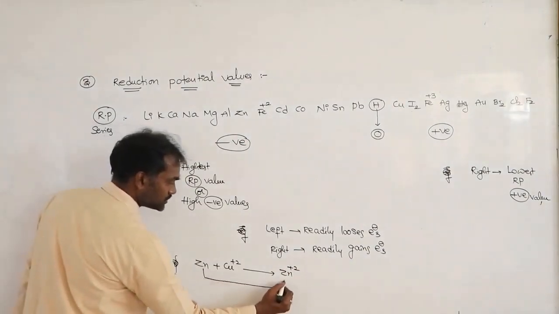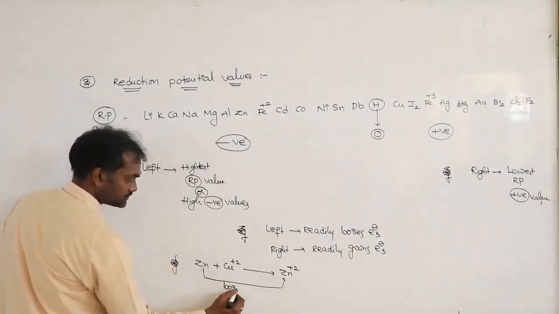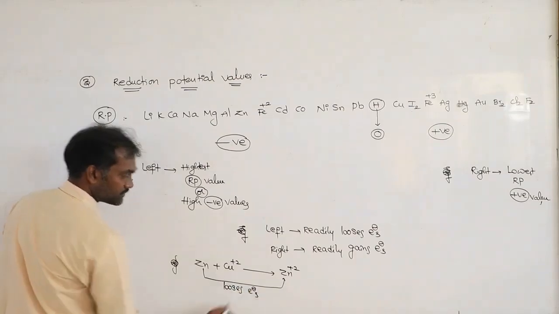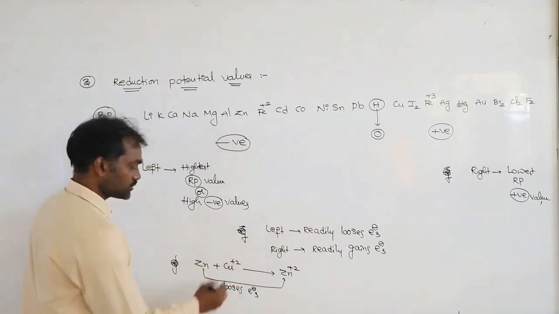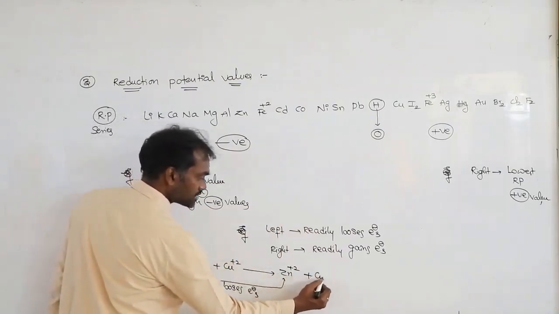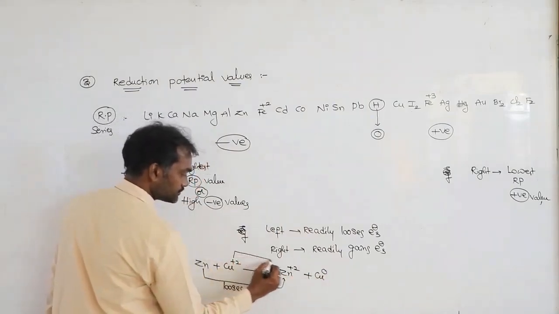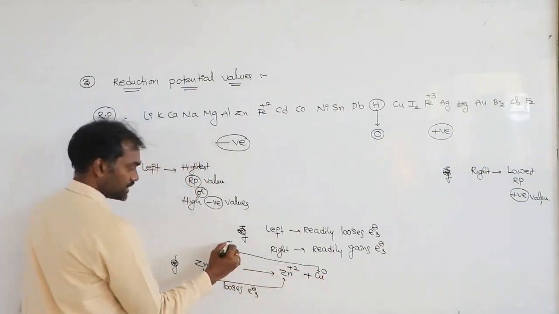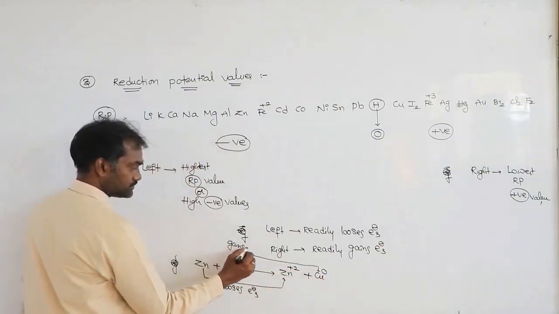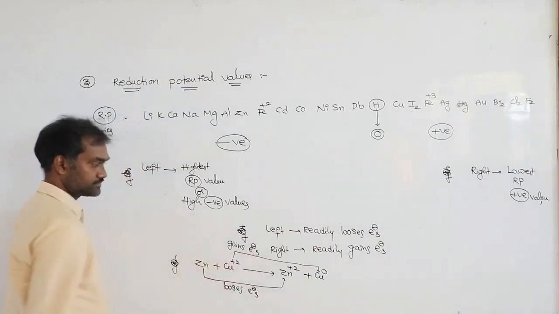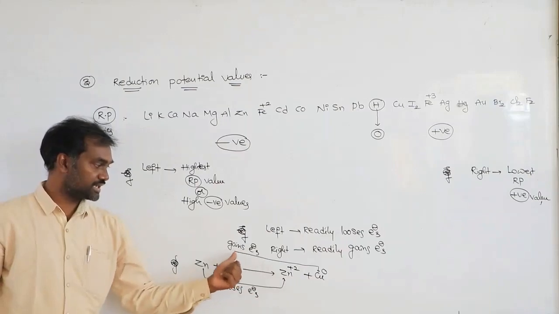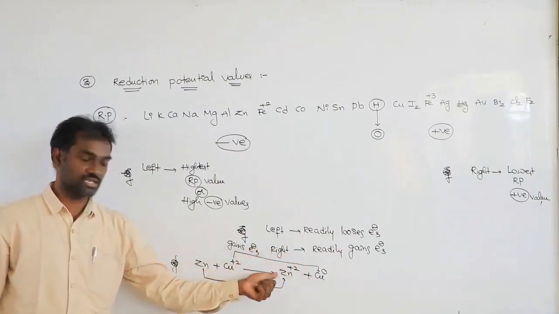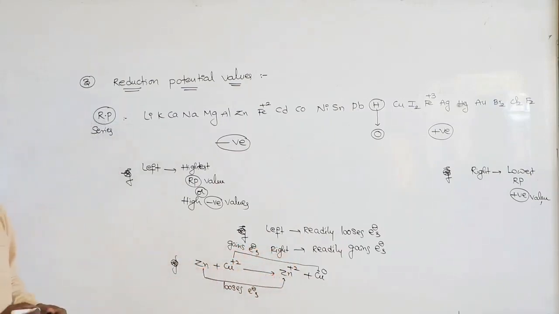Next, copper plus 2 takes electrons and becomes copper 0, so it gains electrons. Loss of electrons you call oxidation, gain of electrons you call the reduction process. So that is all about reduction potential value.